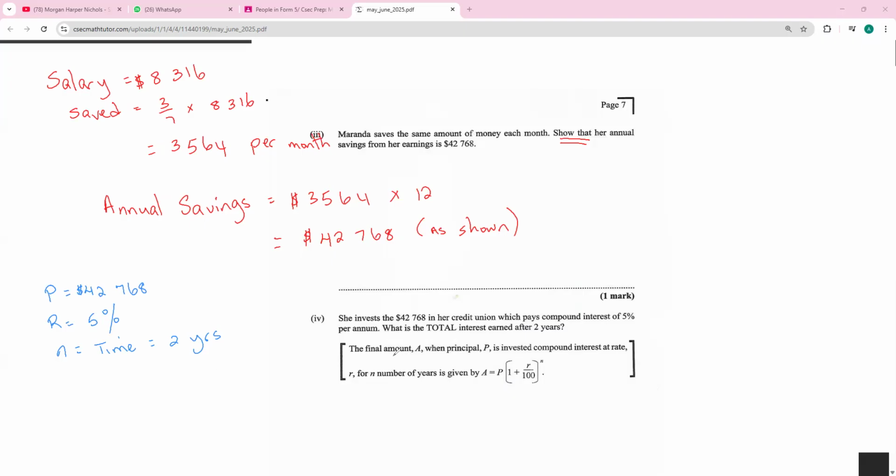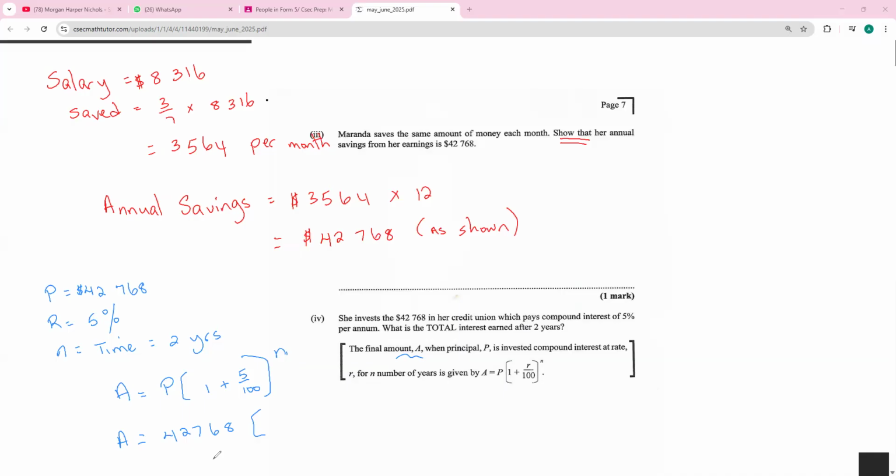Now, in order to find the final amount, they gave us the formula. Principal times 1 plus 5 over 100 to the power of n. So basically going to plug in all of the values. The principal is 42,768. 1 plus 5%.